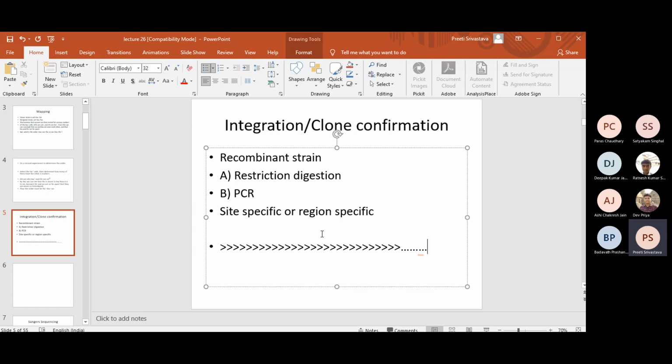And in this case, what you can do is you can design the primers for GFP. So let's say the dotted lines are the GFP, and the greater than and less than symbols represent the host chromosomal DNA. So the dotted line is the GFP which is now integrated in the host chromosomal DNA.